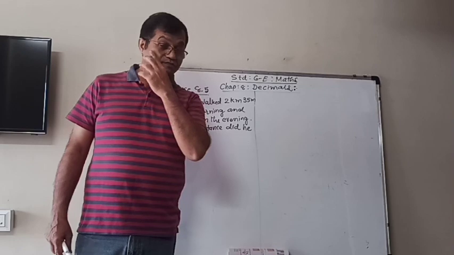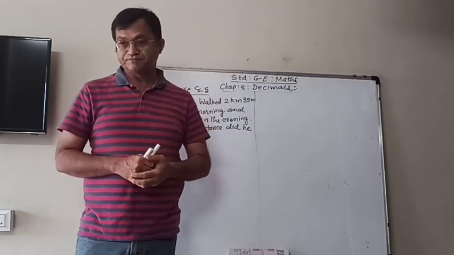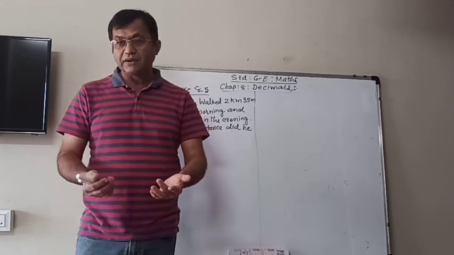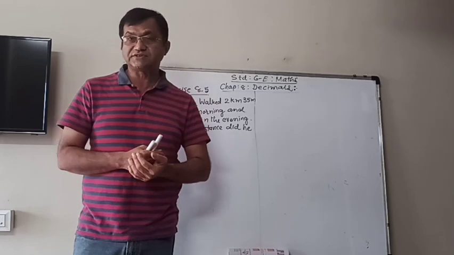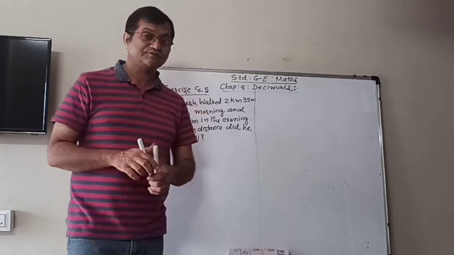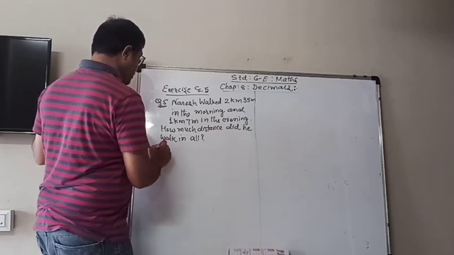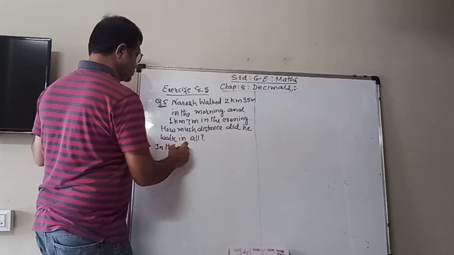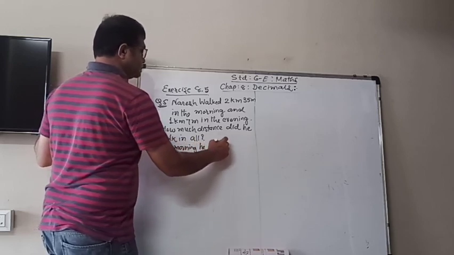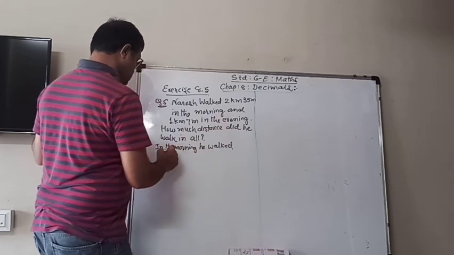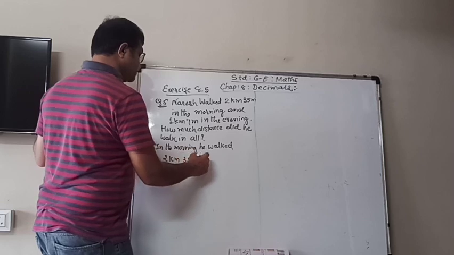First of all, both the distances are given in kilometer and meter. First of all, we will convert them in kilometers using the decimals. So, in the morning, he walked 2 kilometer 35 meter.